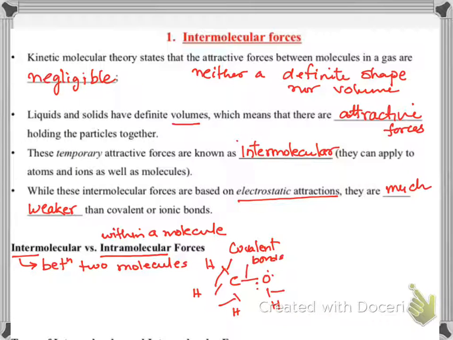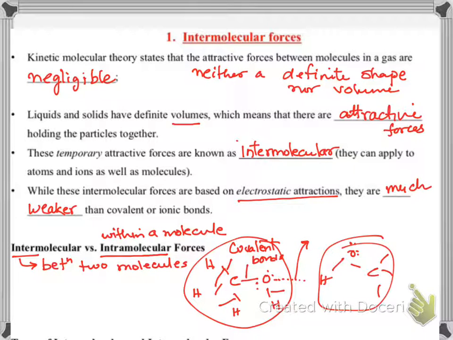But if I draw another molecule, so for example, I have CH3 here, this is OH, then the force of attraction between the oxygen of this molecule and hydrogen of this molecule is an intermolecular attraction or intermolecular force.